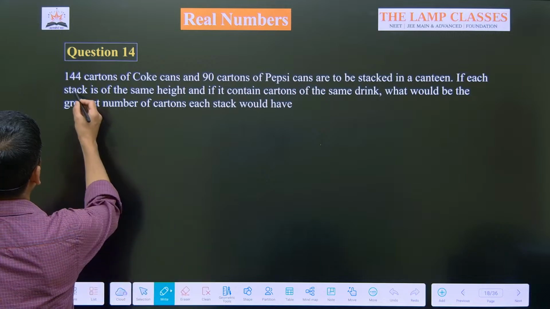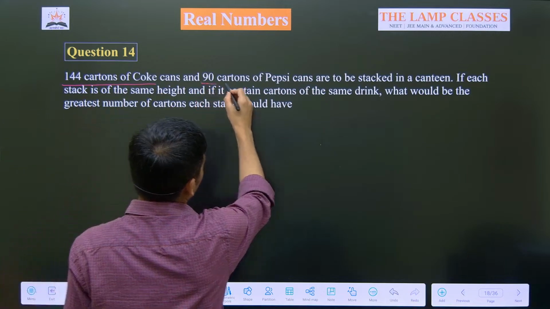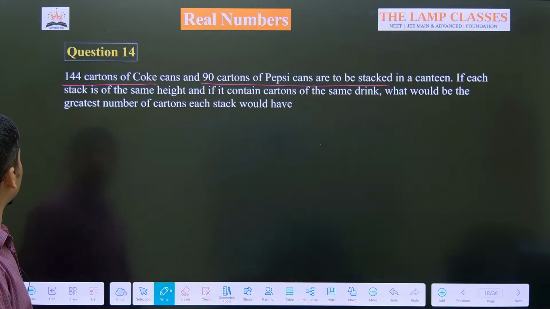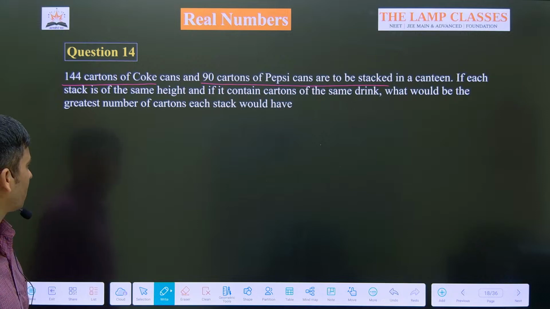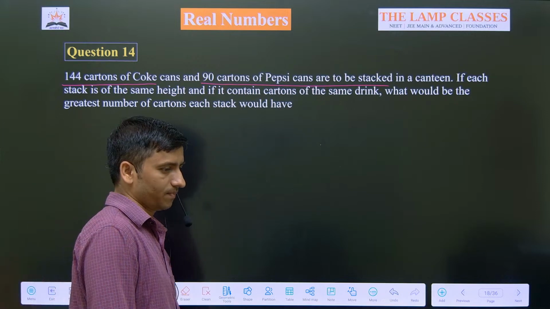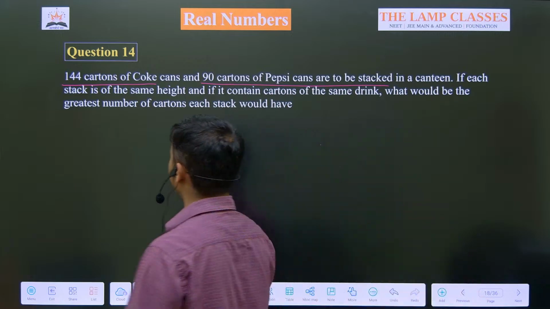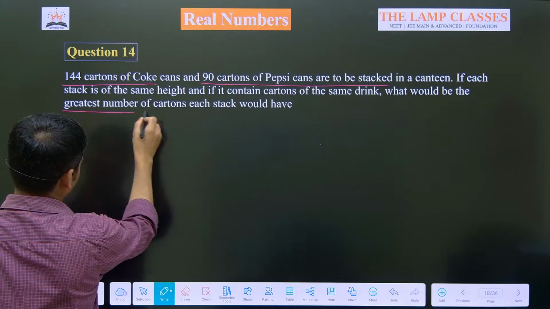So they're telling that there are 144 cartons of Coke and 90 cartons of Pepsi cans stacked in a canteen. If each stack is of the same height and if it contains cartons of the same drink, what should be the greatest number of cartons each stack should have? Shall we take the LCM or HCF? So sometimes this is also giving you a hint, greatest number.